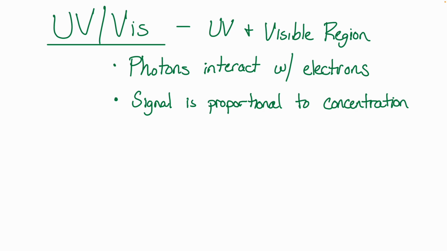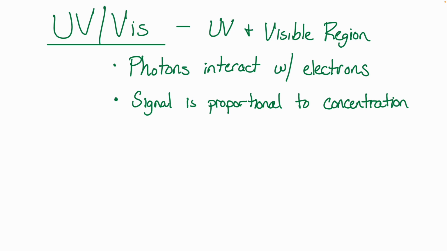So you can qualitatively use it to get an understanding of where a certain dye molecule, for example, absorbs in that region. But practically speaking, 99.9% of the time when you use this technique in the lab, it's because you want to know what the concentration of something is, right? It's a very convenient way for measuring concentration.